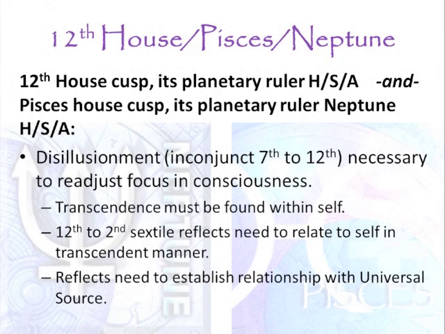It's also going to reflect the need for ourself to have a relationship with universal source. And from a sextile aspect, this is going to reflect the ability that it's easy to have a relationship with source energy if we stop projecting it on the other and we learn to have it from within ourselves.